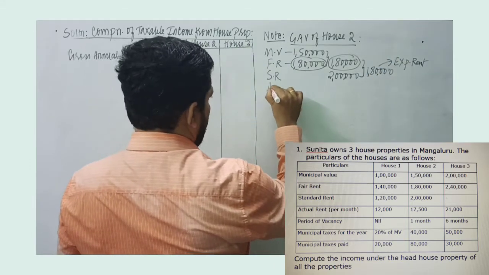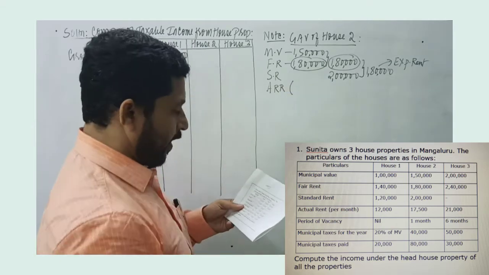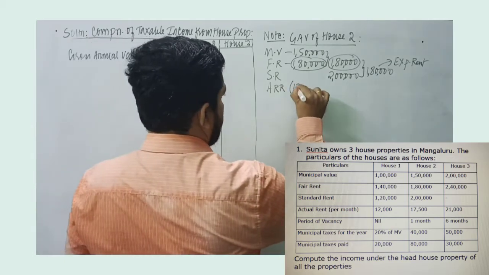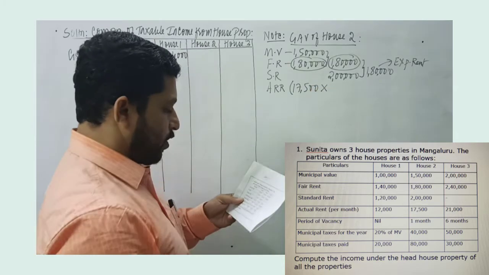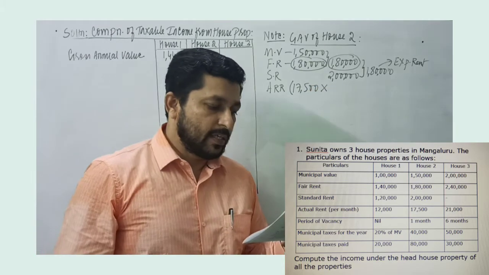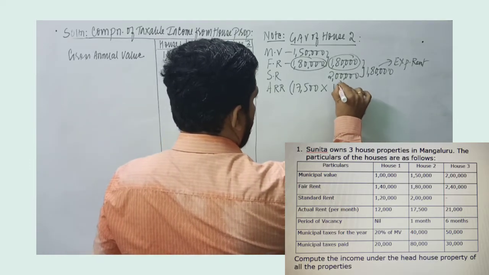This will be compared with actual rent received. Now it's very clearly given. Actual rent is per month 17,500. There is a vacancy for 1 month. That means rent is received for 11 months.